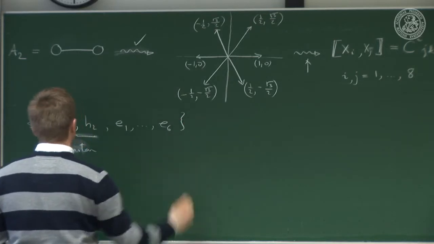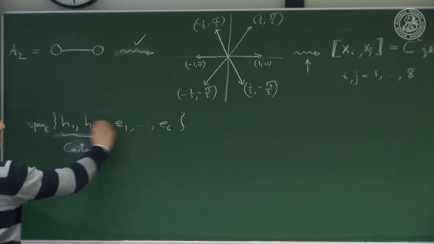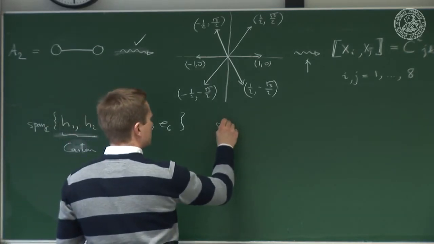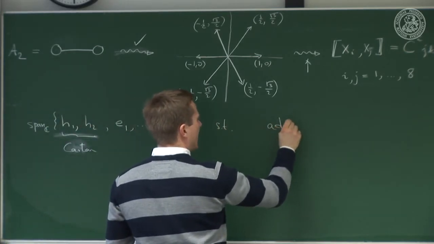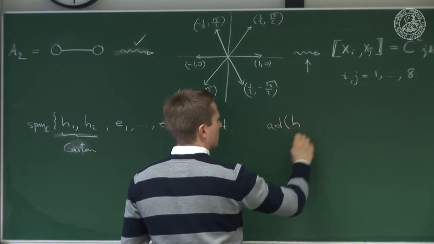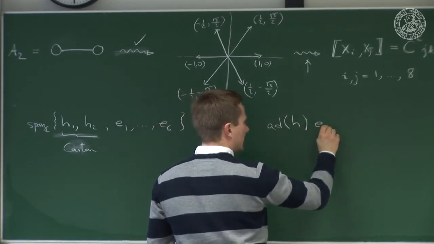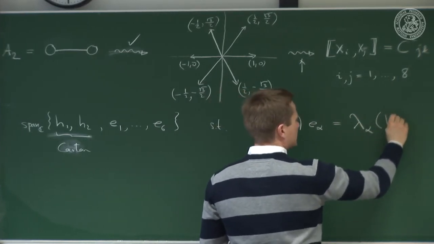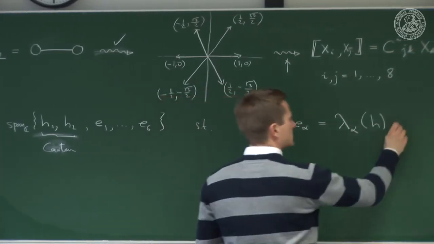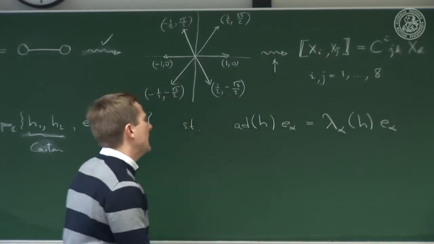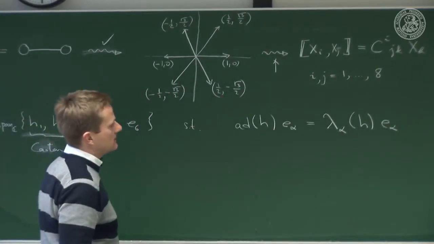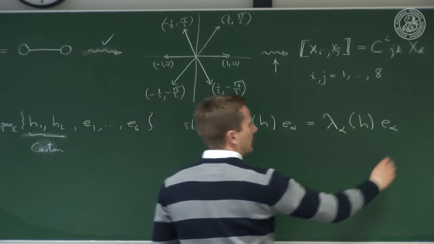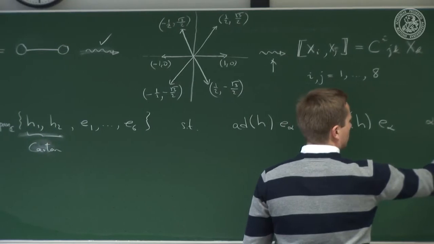And we know that we can choose such h1, h2, and e1 to e6 such that we have the ad of some h acting on e_alpha is lambda_alpha of this h, evaluated at this h, e_alpha, where the lambda_alpha are these roots in the root space, but thought of as these functionals, and alpha runs from 1 to 6.